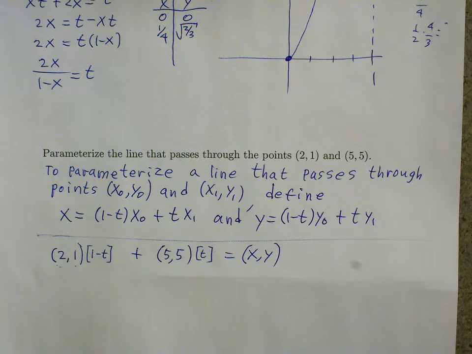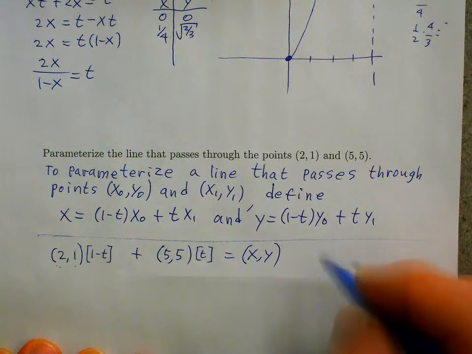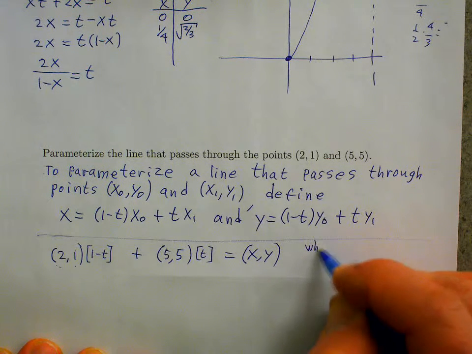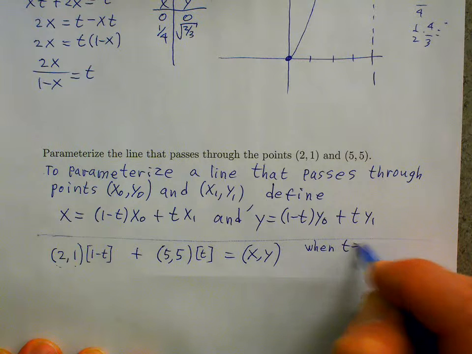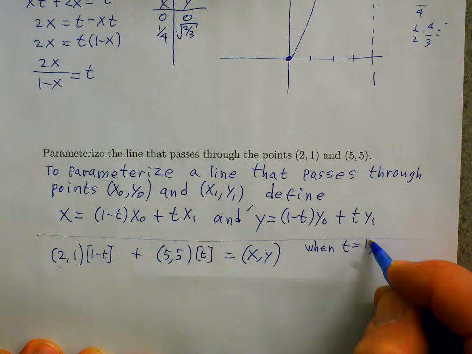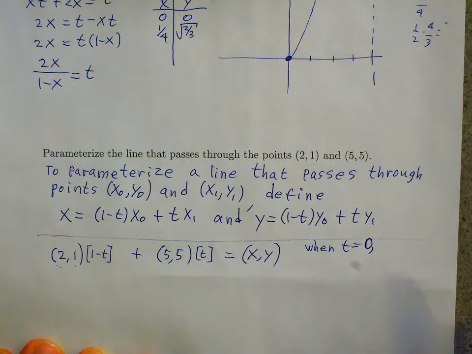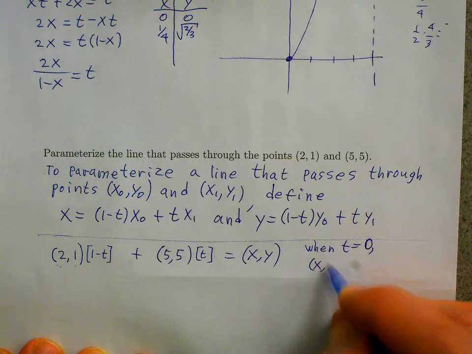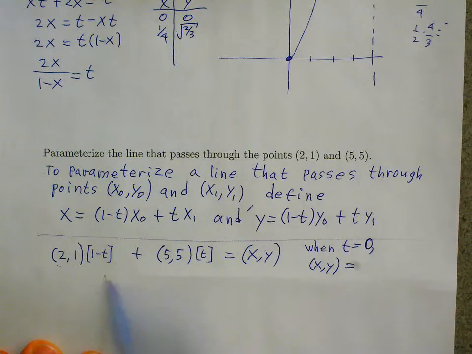So why will this work? Note that 1 minus t and t are both linear. And in this arrangement, when t equals 0, we're at the ordered pair 2, 1.